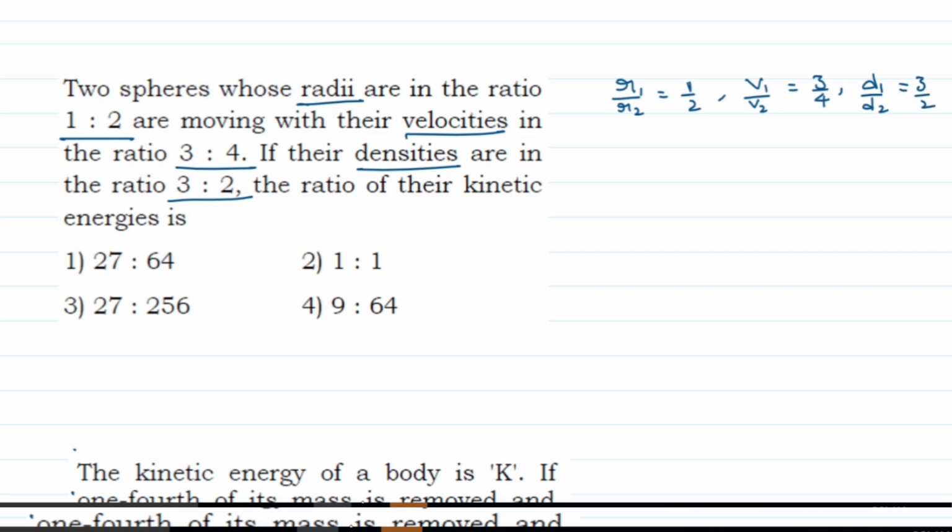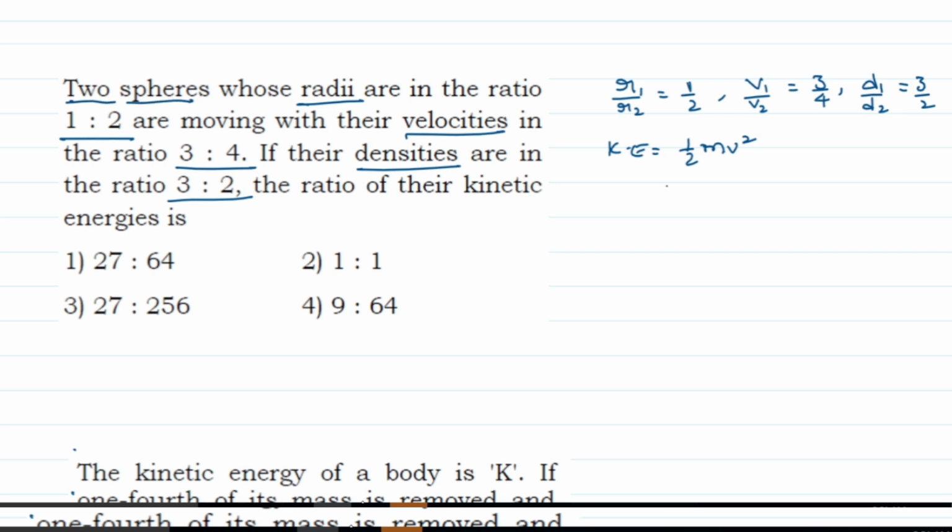Now calculate the ratio of their kinetic energies. The kinetic energy formula is half m v square. But the ratio of masses is not given, so we have to convert mass into volume times density. Since the bodies are spheres, mass is volume into density, where the volume of a sphere is 4/3 pi r cube.